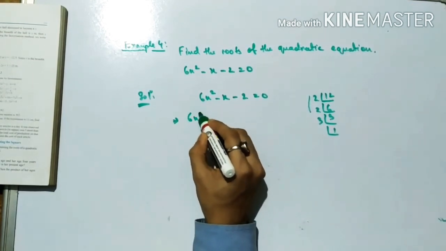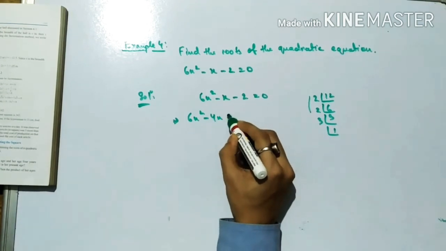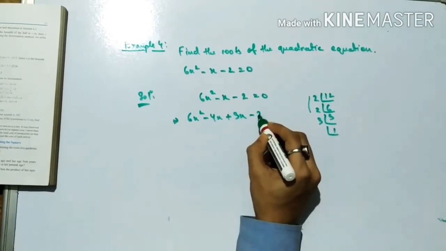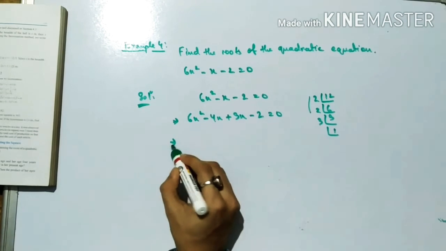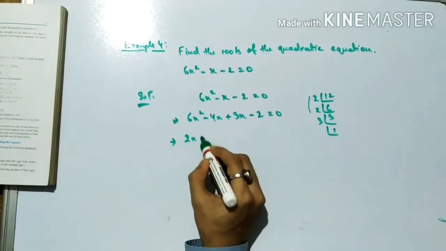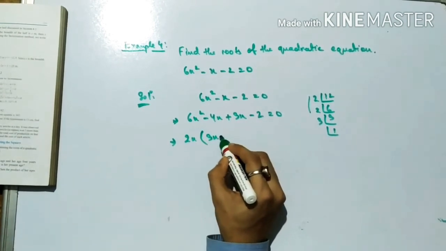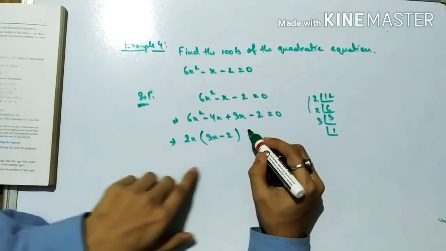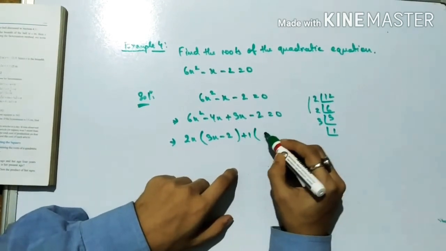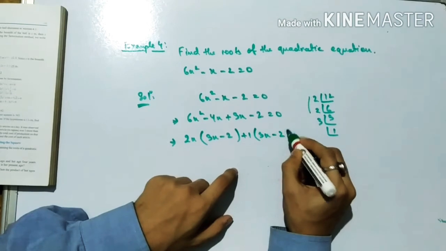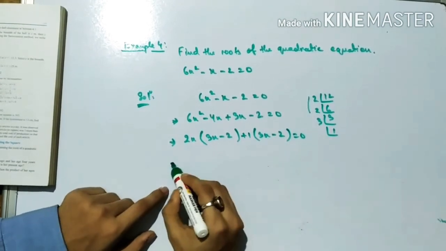So this one I can write as 6x square minus 4x plus 3x minus 2 is equals to 0. So this one I can take 2x common, 3x minus 2, and in here plus 1 common, 3x minus 2 is equals to 0.